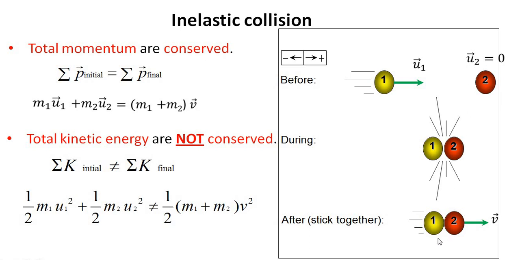After the collision, both balls stick together and move with the same speed. The initial total momentum is given by m1 u1 plus m2 u2. The final momentum is given by the total mass of both balls, m1 plus m2, times v.